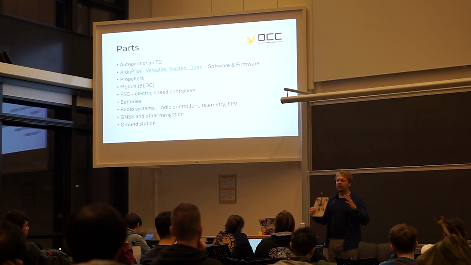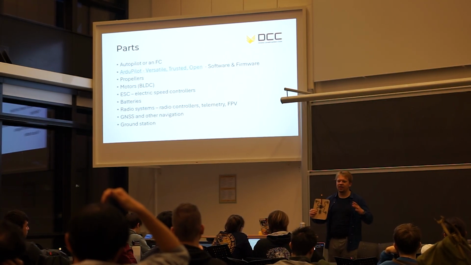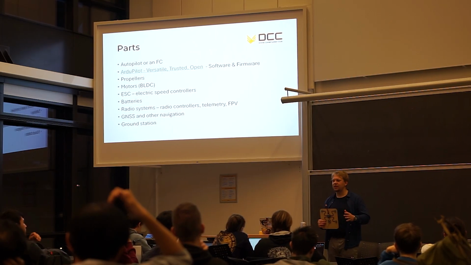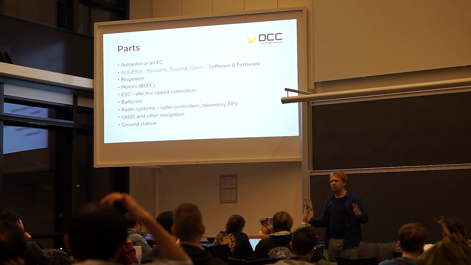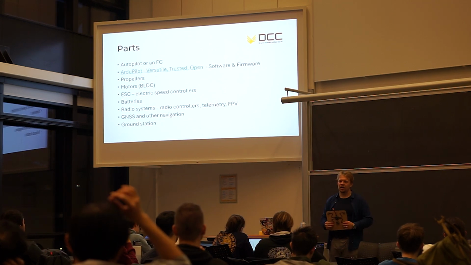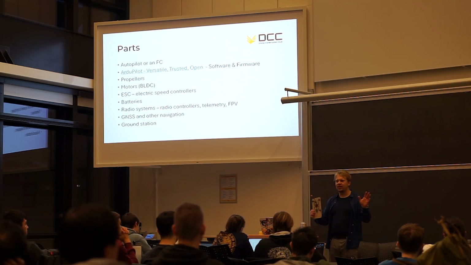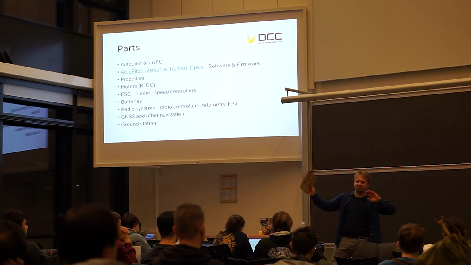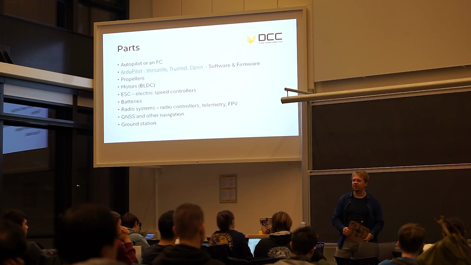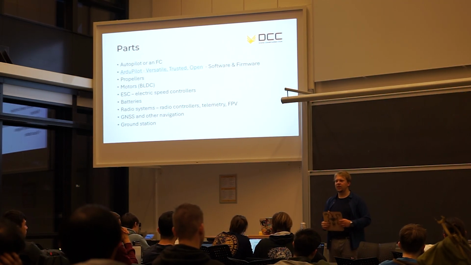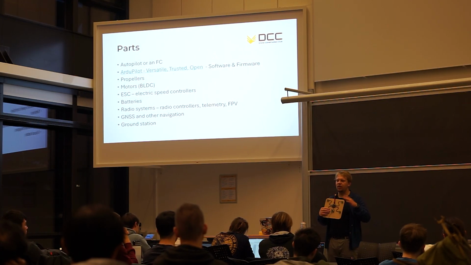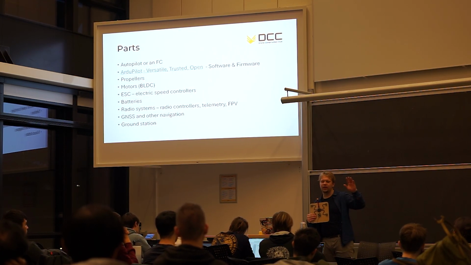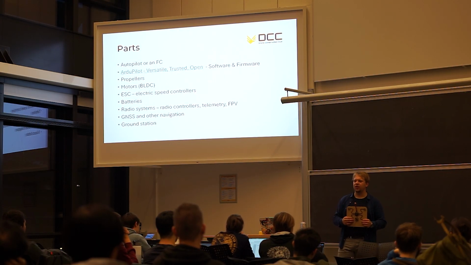When you hear F4, F7, H7, that's fine. If you hear someone say F3 or F411, punch them. That is ancient history, we don't know anything about that. F405 is the most primitive processor you can get away with while still being able to do most of the functionality you need.